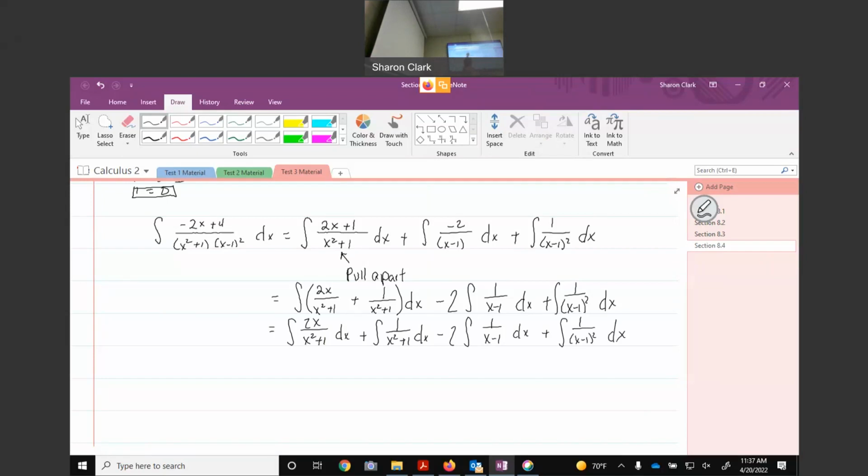But that plus 1 at the top makes that difficult to do. Since this is an addition, I can break it into two fractions, because if I put it back together, it would just be 2x plus 1. So I break it into two separate integrations. Now this first one, I can integrate with u substitution, ln.